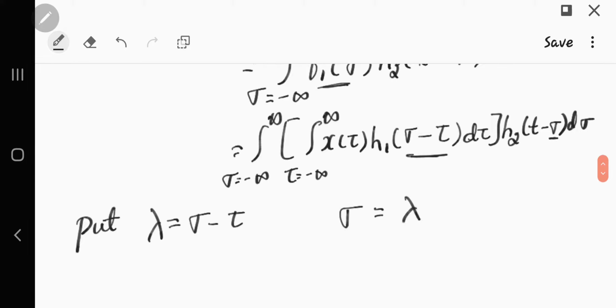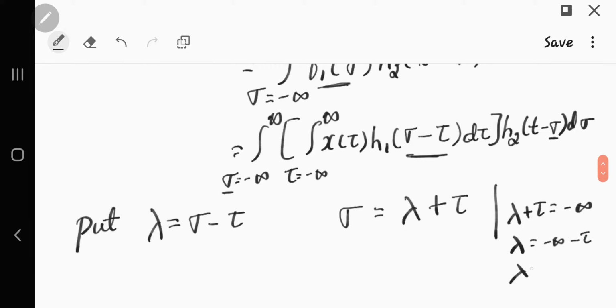Sigma is equal to lambda plus tau, and here the limit on sigma changes: lambda plus tau is equal to minus infinity, lambda is equal to minus infinity minus tau, so lambda is equal to minus infinity itself. So this limit changes to lambda from sigma. Okay, and wherever we have sigma minus tau, it is replaced by lambda here.